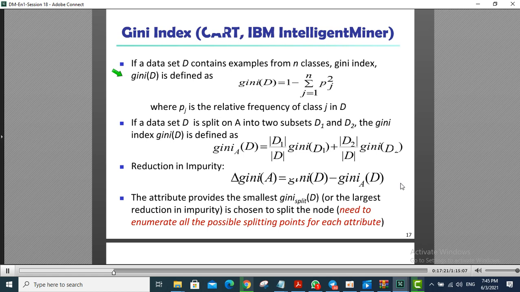For a dataset D with n classes, the Gini index of dataset D is defined in this manner.